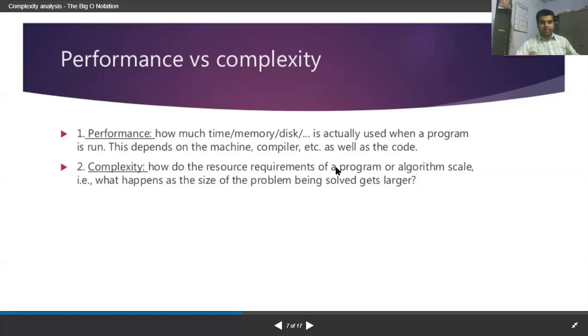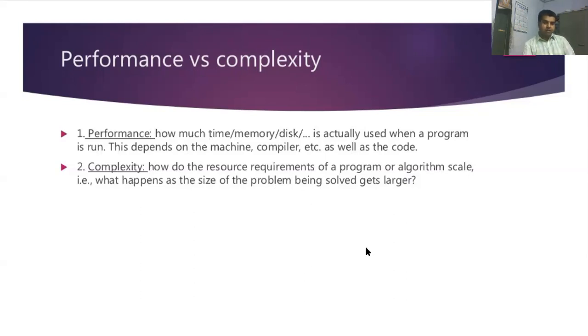How do the resource requirements of the program or the algorithm scale, that is, what happens as the size of the problem being solved gets larger? You are trying to solve a problem, but your algorithm demands that your process is getting larger and larger and larger. If you see, just now while I was discussing the recursive function, you start from the end limit and you come backwards, so your process is getting lesser, lesser and lesser.